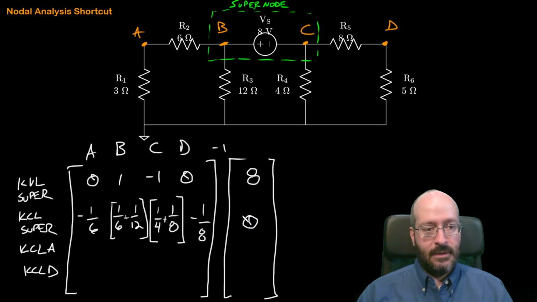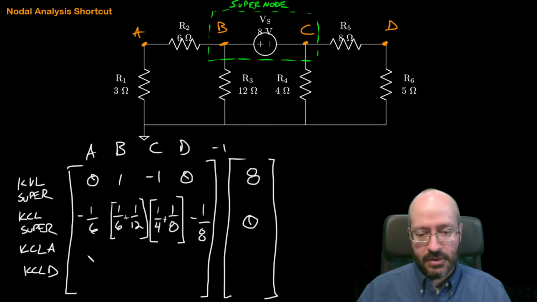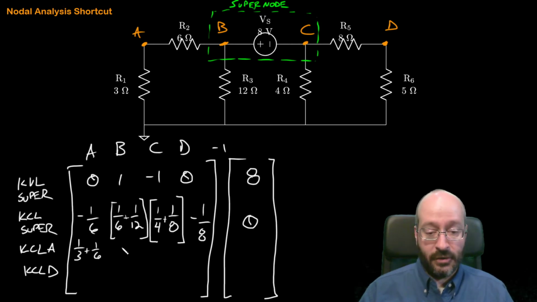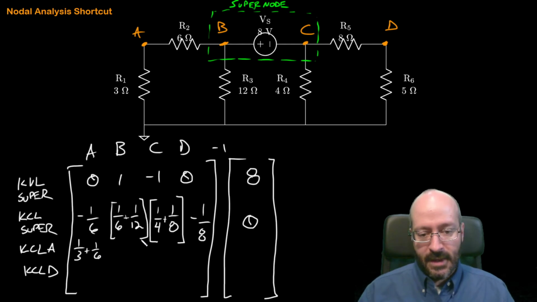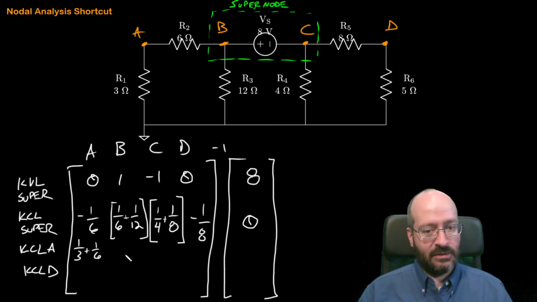Okay, not too bad. We got 2 more rows, but these are rows that we've done before, so we should be in good shape. KCL for A, and we say what's connected to A, so we get 1/3 plus 1/6, also known as 1/2. Yeah, I should have written this way bigger. I think you'll survive.